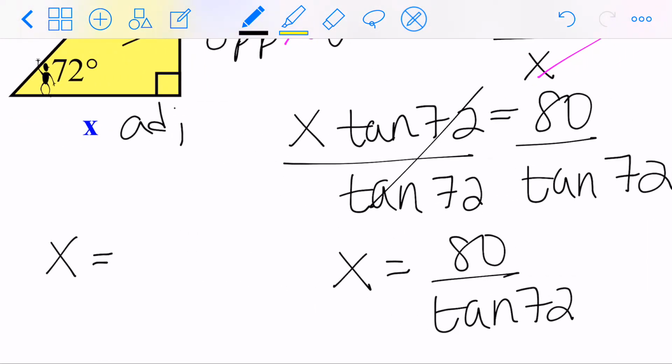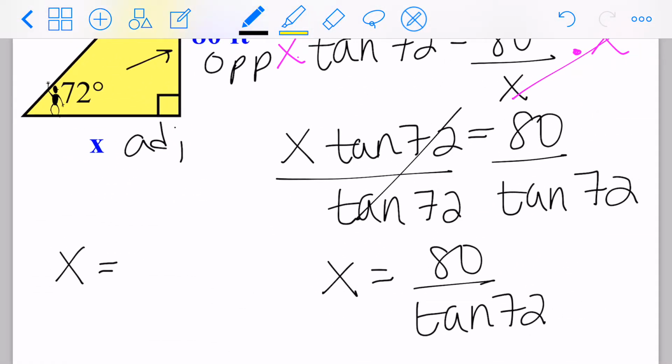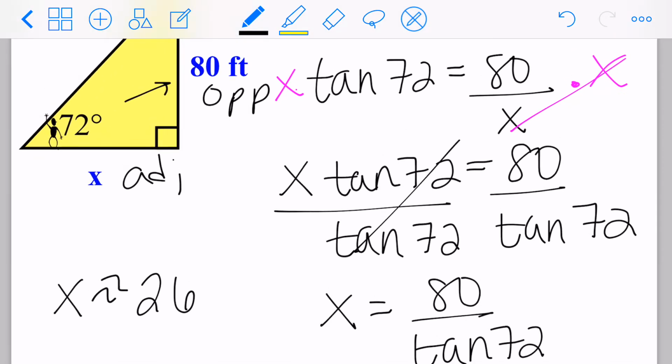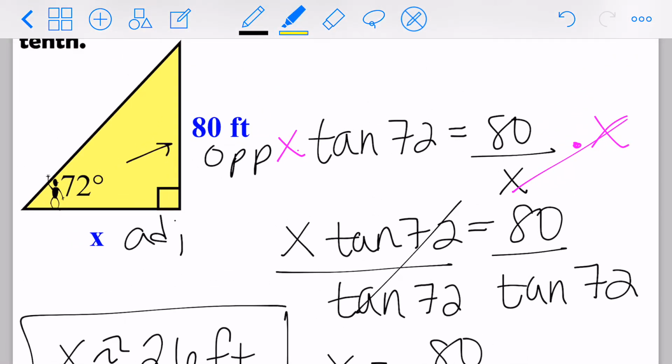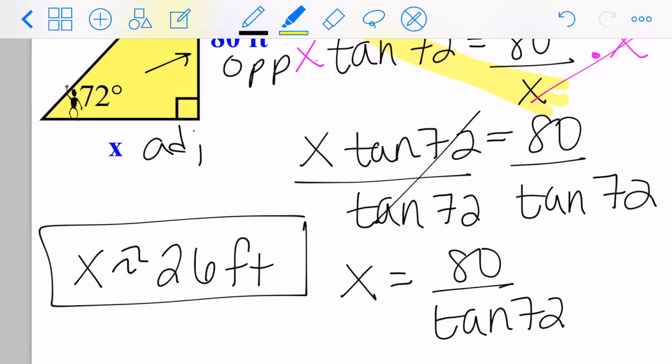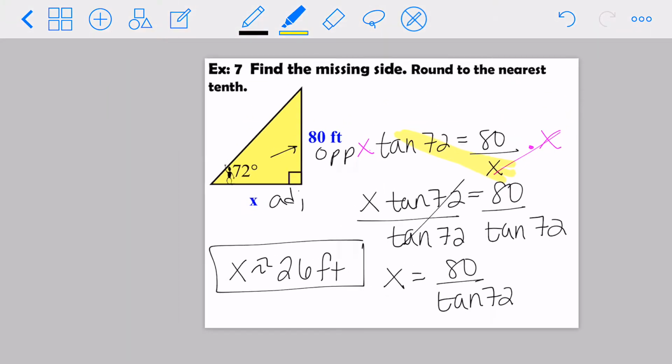So we get x is equal to, and it says to round to the nearest tenth again, I got 25.99, which means this is approximately 26 feet. And then we're done. Do you see what I mean, where they just switch places? The 72 would become x, and then the tan of 72 goes where x is.